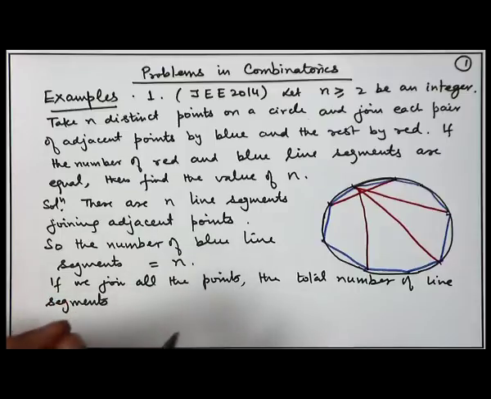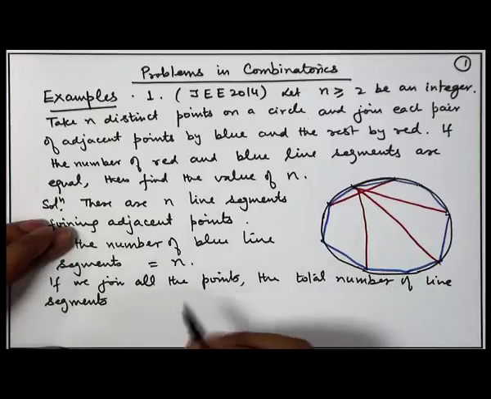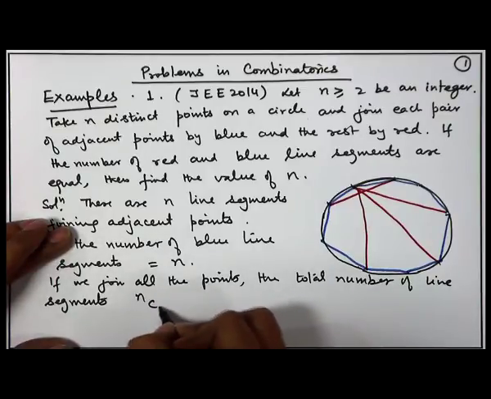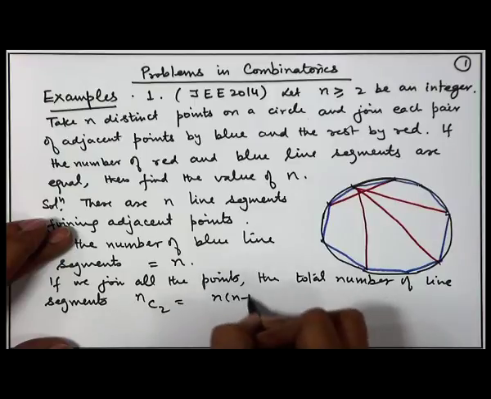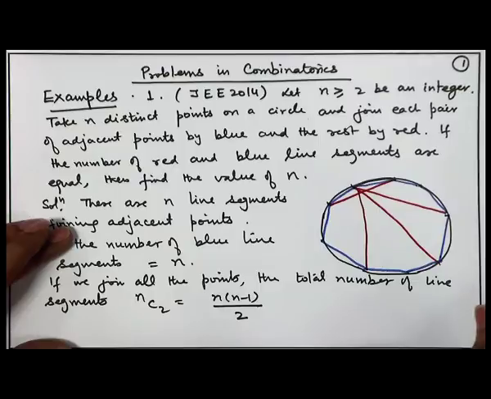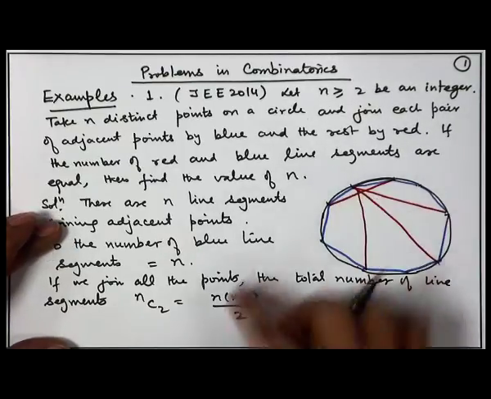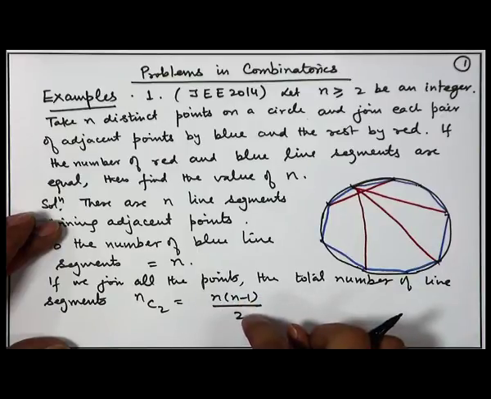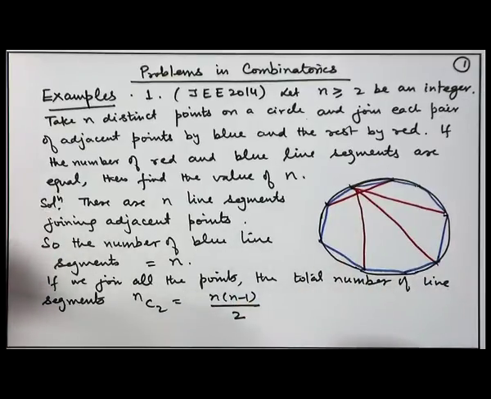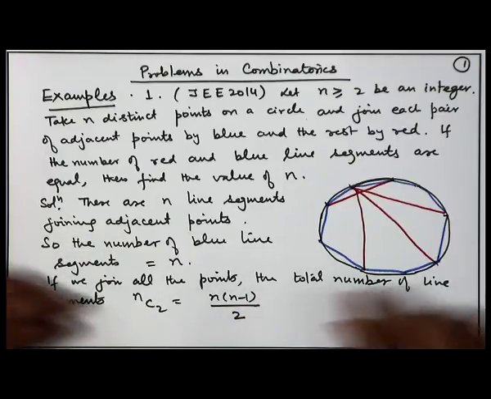So, it is basically the number of unordered arrangements of 2 taken from n. So, the total number of line segments will be n C 2, that is n into n minus 1 by 2. So, we have said that adjacent ones are n and the total number is n into n minus 1 by 2. So, the remaining line segments are how many? n into n minus 1 by 2 minus n.